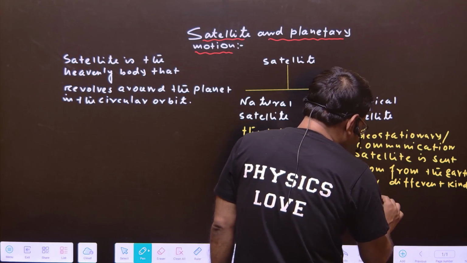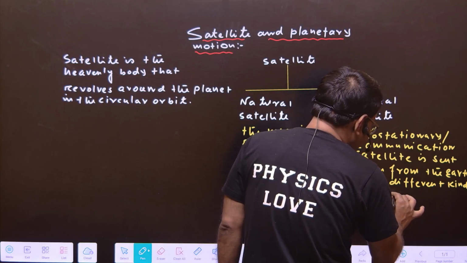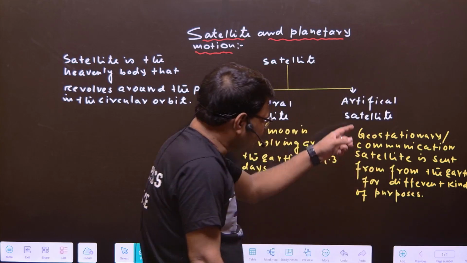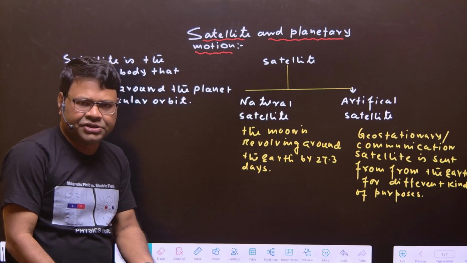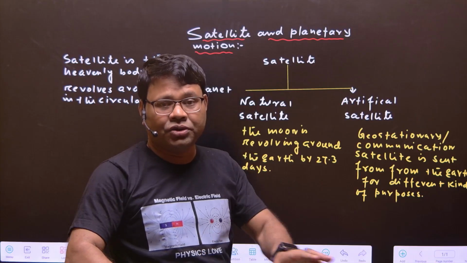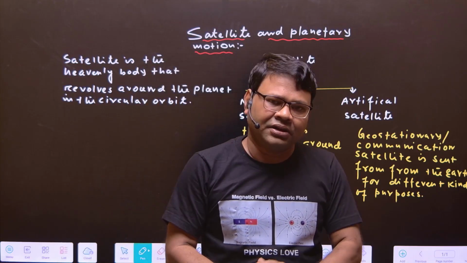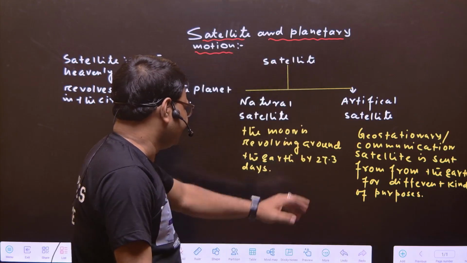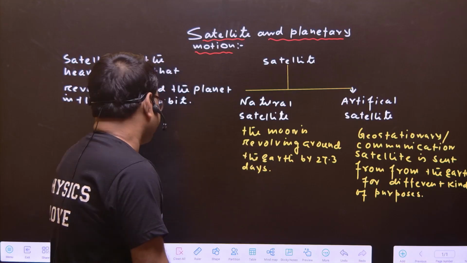Artificially we are launching satellites right now. This is called the artificial satellite. Maximum countries are sending satellites for their own communication systems. That is the artificial satellite. It is the natural satellite.